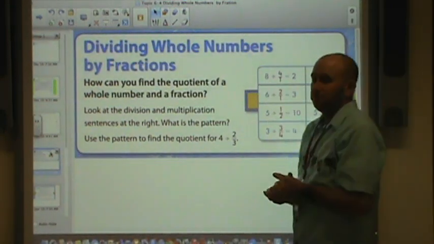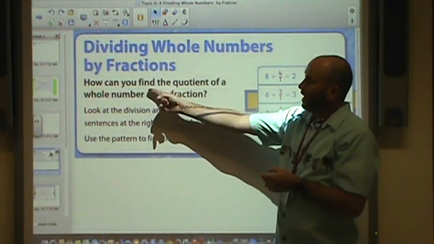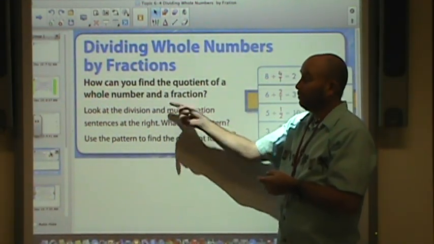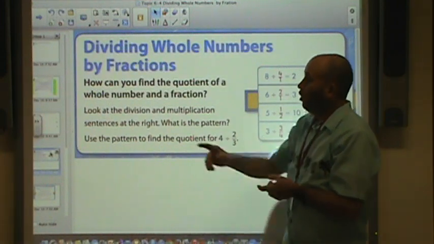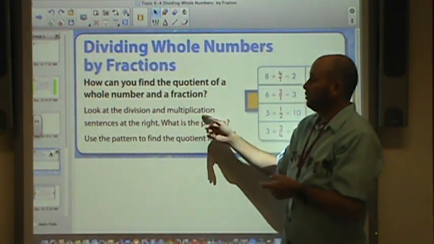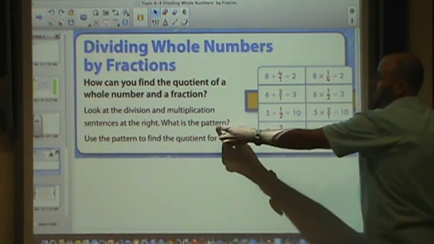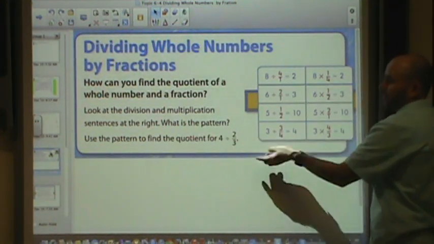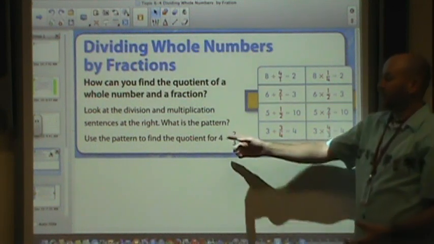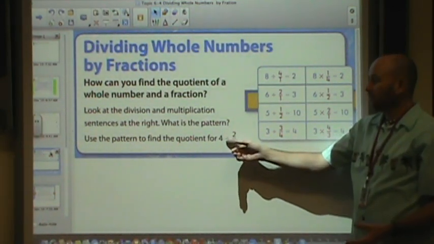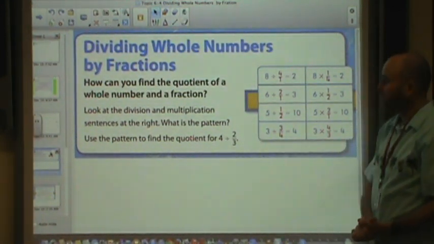Dividing whole numbers. In your book, it says, how can you find the quotient of a whole number and a fraction? Look at the division and multiplication sentences on the right. What is the pattern? Use the pattern to find the quotient for 4 divided by 2/3.